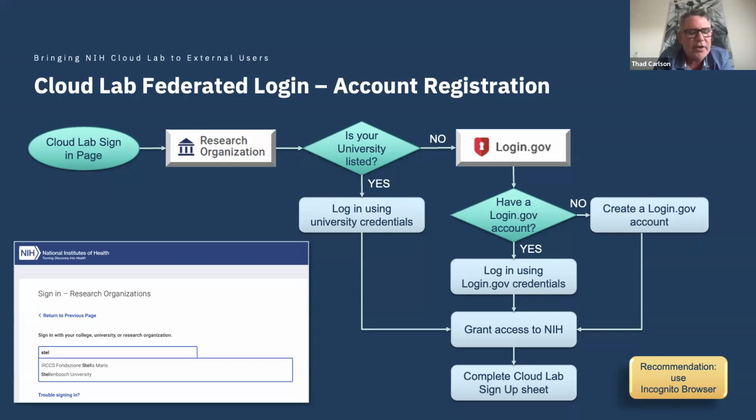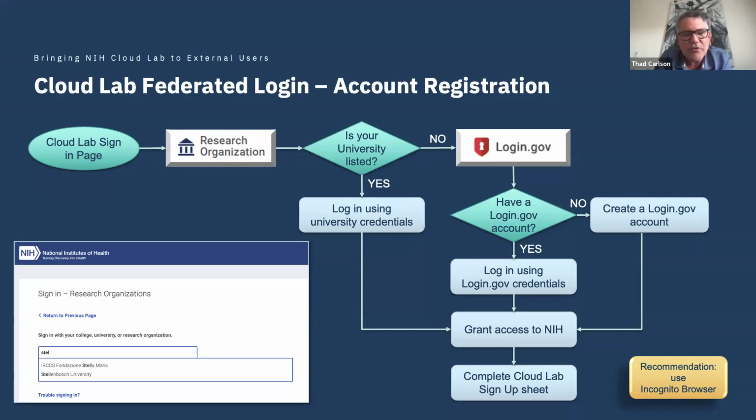So you come in, you type in on that research organization, and you can see on the bottom here, this is what you type in and it'll find your university. In this case, we just brought in someone from Stellenbosch University of South Africa. So you just type in your name, and if your university is part of InCommon, it will pop up.